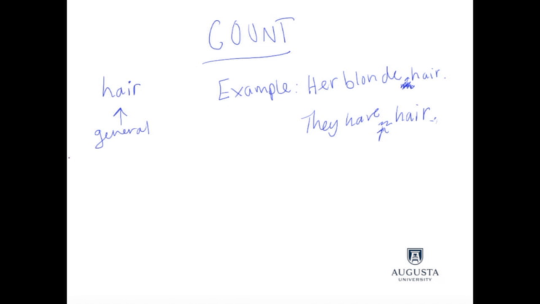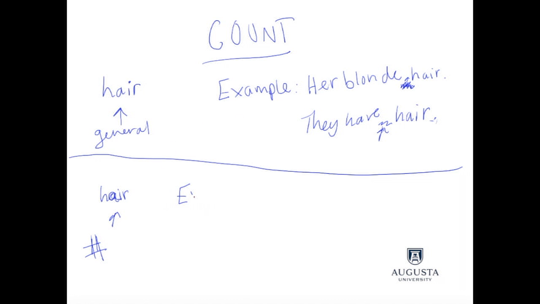Another thing, though, with hair, is that since it's a count noun, it can also be a certain number of hairs. So this is like, a hair fell out of my head. That implies a quantity. A hair fell out of my head.